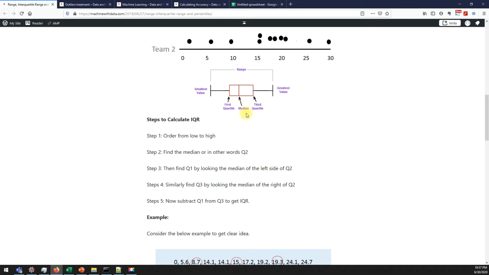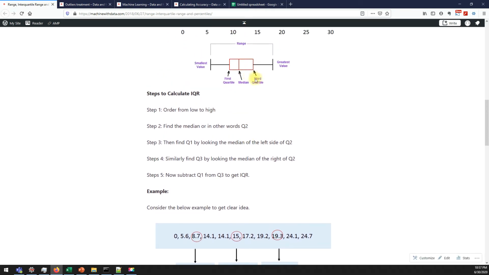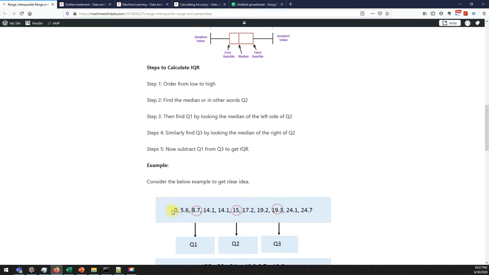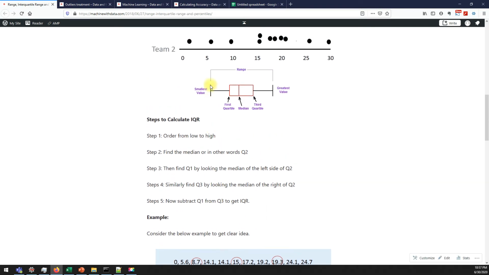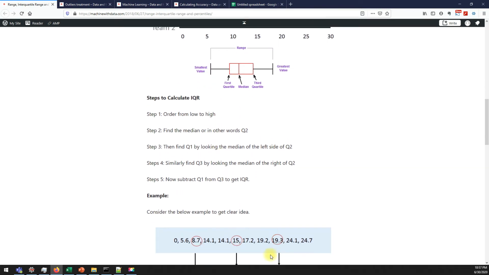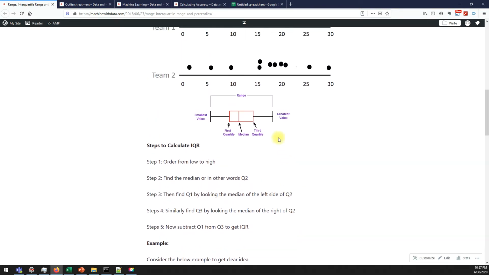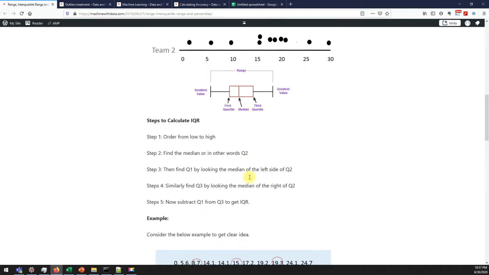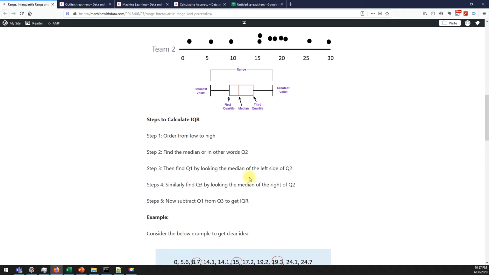This is your median, which is nothing but your Q2, and this is your third quartile, which is nothing but Q3. And these are the values. The 0 and 5.6 will be till this line, and 24.1 and 24.7 will be till here. If you have any bigger or lesser value, it will be outside this line.